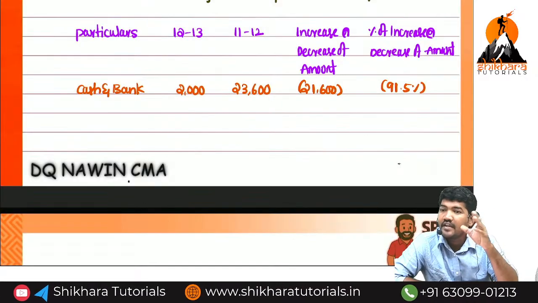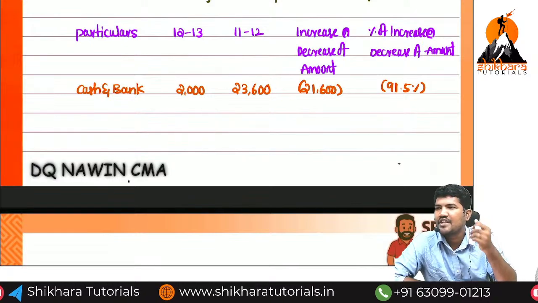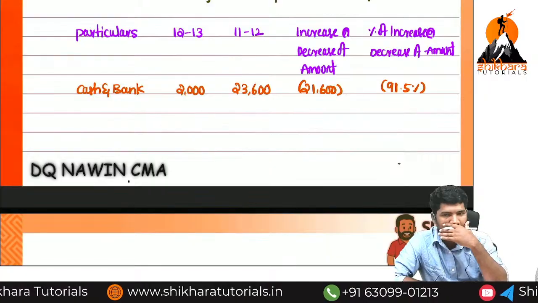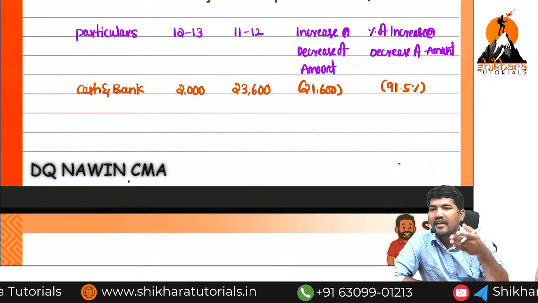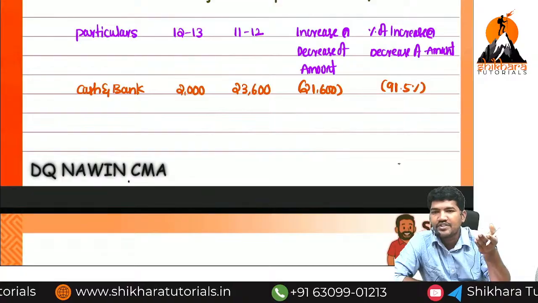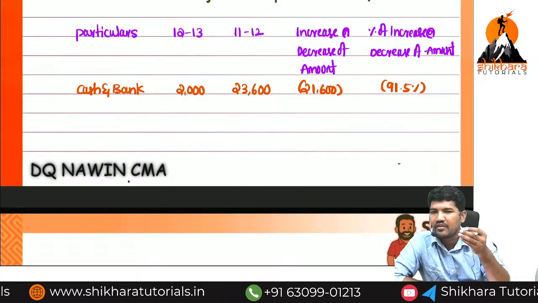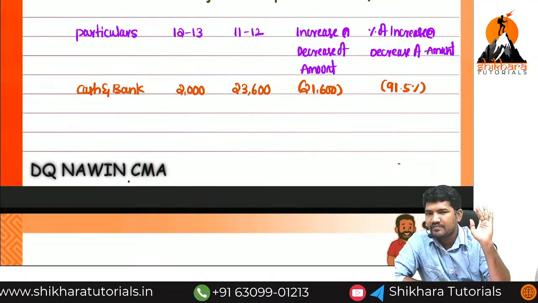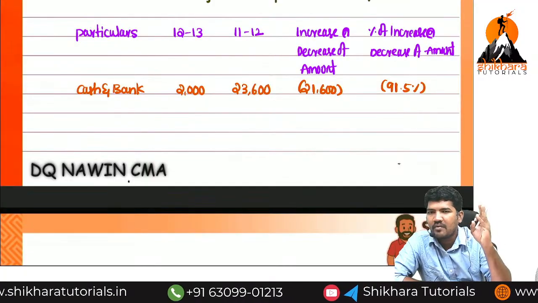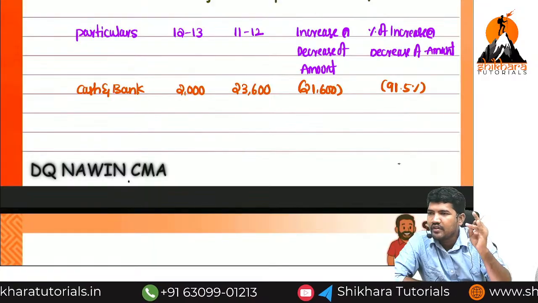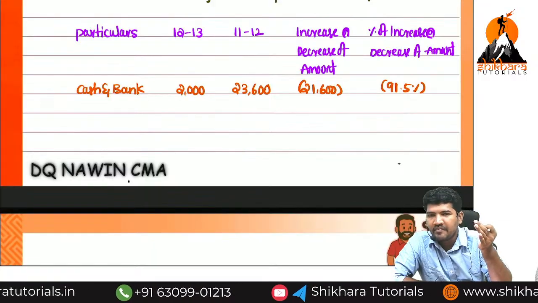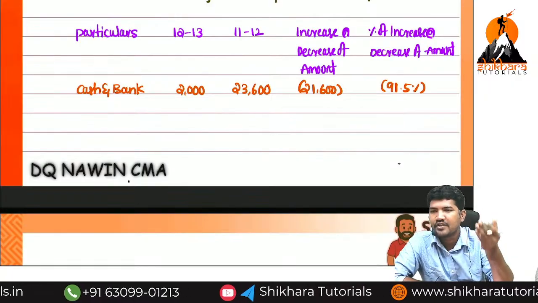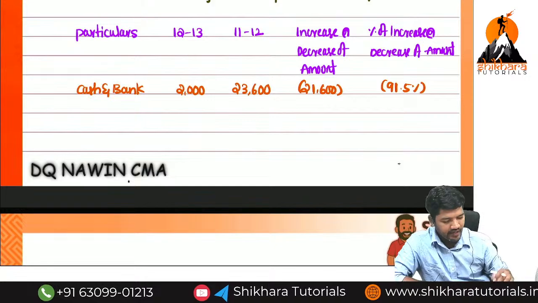If assets increase, common sense says they were paid with cash. If current liabilities decrease, common sense says they were paid with cash. Equity share capital we generally do not repay; the only chance is buyback. For the remaining capital, like bank loan, debenture, redeemable debenture, redeemable preference share capital, if they reduce, common sense says they were repaid or redeemed. Guys, clear?